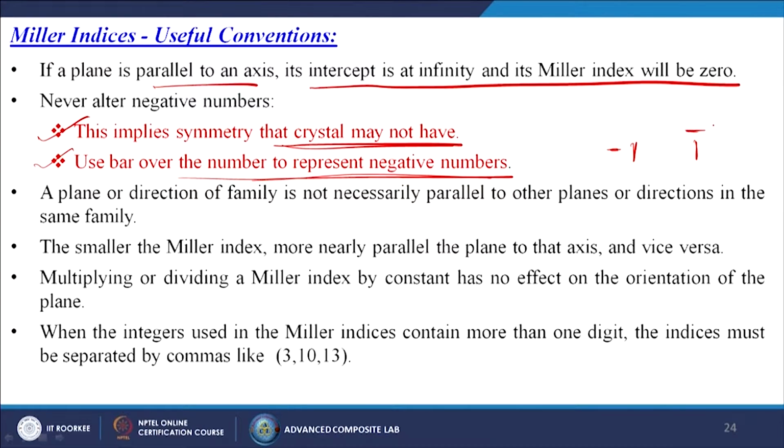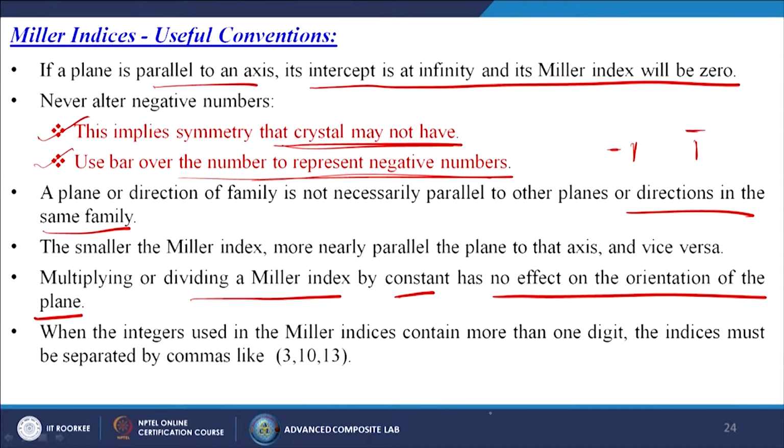A plane or direction of a family is not necessarily parallel to other planes or directions in the same family. The smaller the Miller index, the more nearly parallel the plane is to that axis, and vice versa. Multiplying or dividing a Miller index by a constant has no effect on the orientation of the plane itself. When the integers used in the Miller indices contain more than 1 digit, the indices must be separated by commas, like 3, 10, 13.